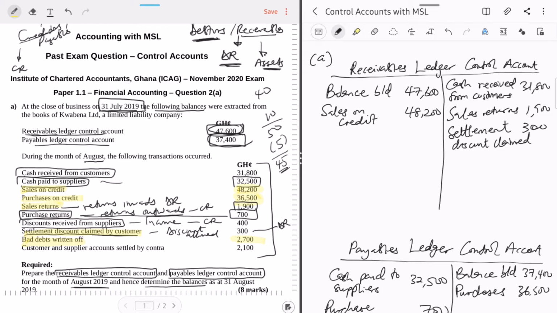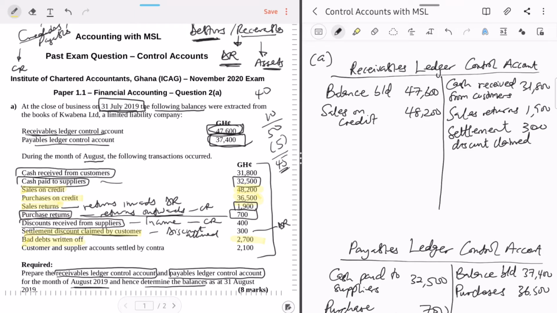A bad debt is an expense because it will reduce your receivables balance. Let's say someone owes you 100 and they are not going to pay you anymore, you write off the whole 100, it means you have lost the receivable. So technically, a bad debt has the effect of reducing your receivables figure. So you credit your receivables account and then you debit the income statement with the bad debt expense.